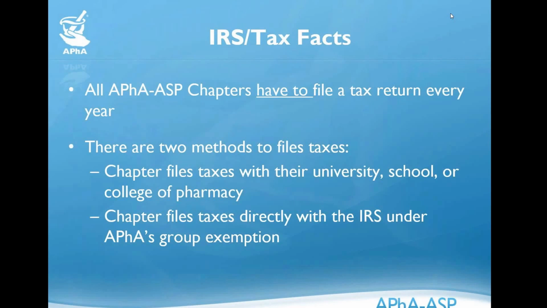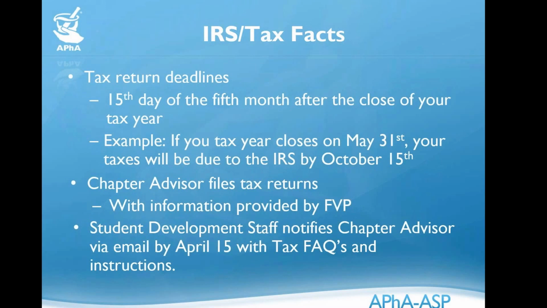If you file with the APhA group exemption, your taxes will be due on May 15th every year because our fiscal year ends on December 31st. However, if you file with your college or university or school of pharmacy, the IRS requires that you file your taxes by the 15th day of the 5th month after the close of your tax year or your fiscal year.